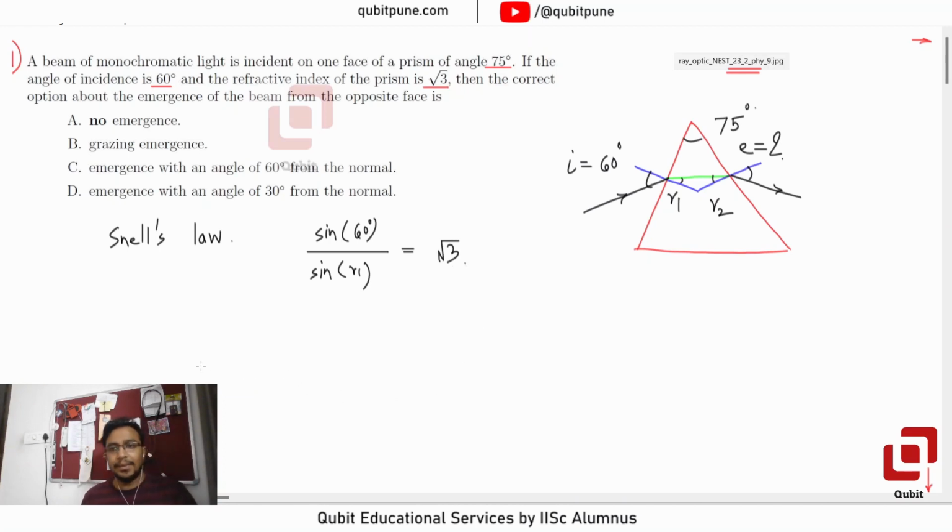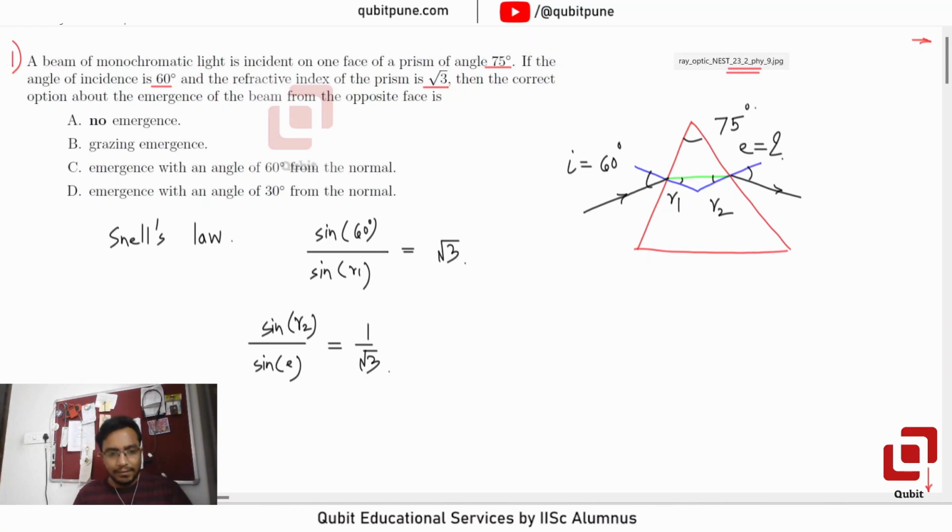And then if I apply it on the other face, sin R2 upon sin E will be 1 upon √3. So: sin 60 upon sin R1 is √3 for this face, and sin R2 upon sin E on the other face. Now, is it possible to obtain a relationship between R1, R2 and 75 degrees? The answer is yes.